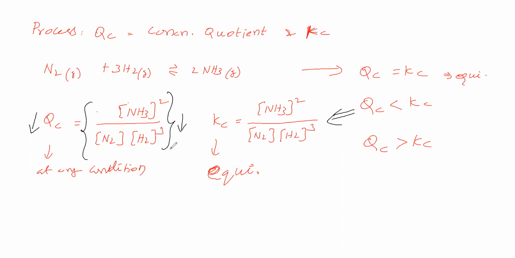So in order to make QC equal to Kc, this ratio should become equal to Kc. In order to make this ratio equal to Kc, which should rise, numerator or denominator? The numerator should rise, and the denominator should reduce.